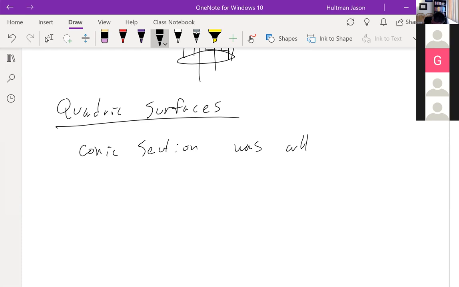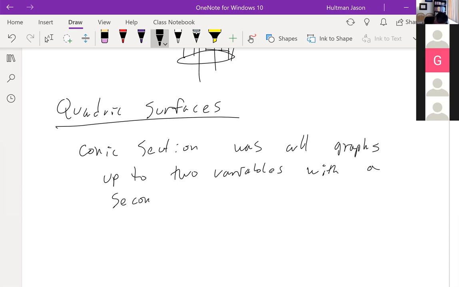A conic section was all graphs up to 2 variables with a second degree power. Right? Conic section was all graphs up to 2 variables with a second degree power. Does that make sense?